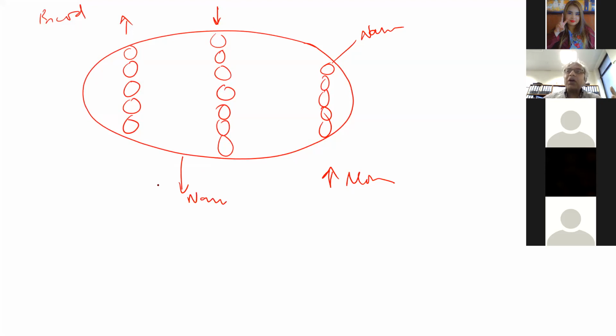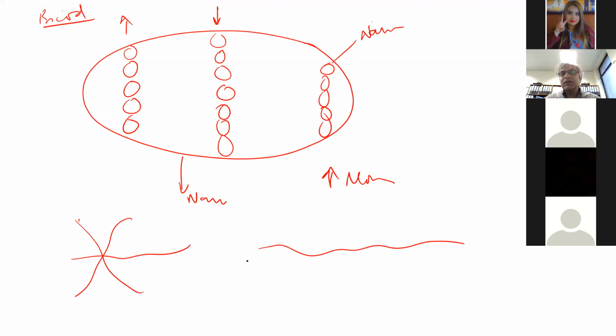Now, what are bicoid and nanos? Bicoid and nanos are basically transcription factors. They go within the nuclei, they bind onto genes on these chromosomes, the DNA, they recognize their DNA binding sites in the promoter region and switch on. Here, a lot of bicoid responsive genes will be active.